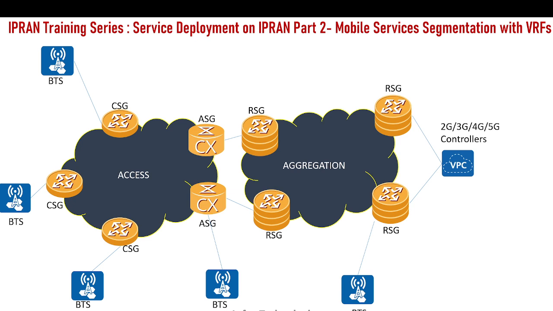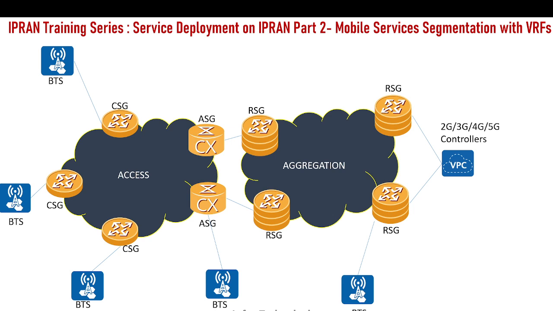And remember, even with these 2G, 3G, 4G, and 5G, we also have the signaling and the data. So we also need to segment the signaling. Remember, signaling will require special treatment compared to the normal data. So we have the signaling that will be put in different VRFs or VPRNs, and then the user plane will also be in a different VPRN.